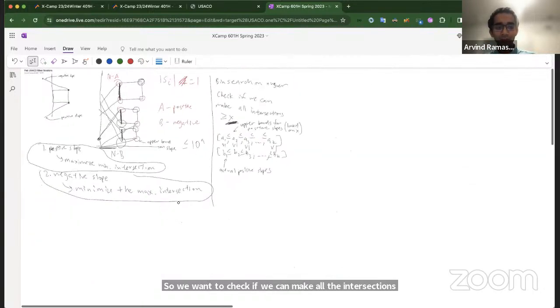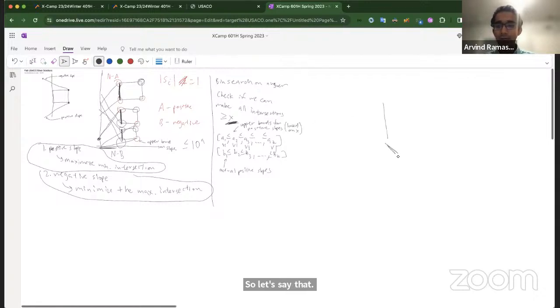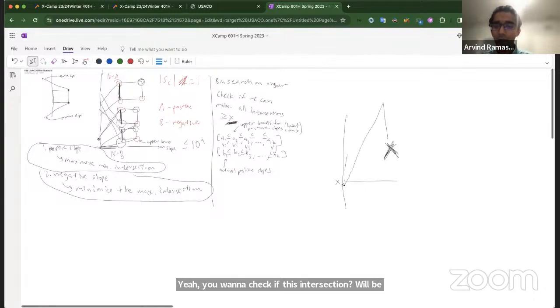So let's say this is capital X, and you want to check if this intersection will be greater than or equal to x. That gives an upper bound on the slope. If this is y, then the upper bound on the slope is going to be y over capital X.